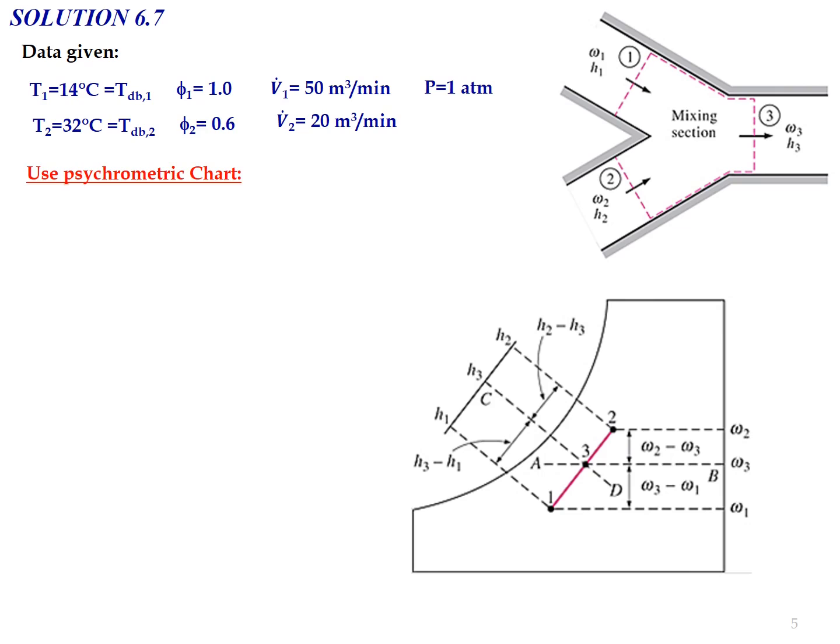And we need to use the psychrometric chart in order to determine the parameters for state number 3, the condition for the mixture, where we need to find the values of omega 3, relative humidity psi 3, dry bulb temperature T dB3, and also the volume flow rate for the mixture V3 dot.